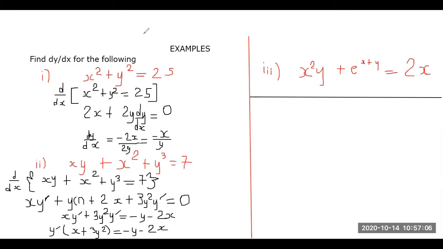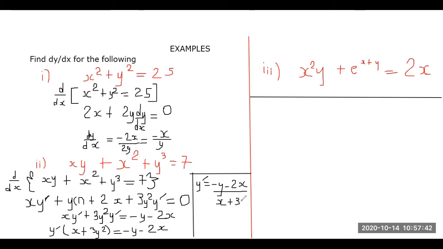All right. Now let's finish it off in a small space right here. So if we were to divide through by x plus 3y squared on both sides, what we will end up getting is that y prime is equal to minus y minus 2x divided by x plus 3y squared.